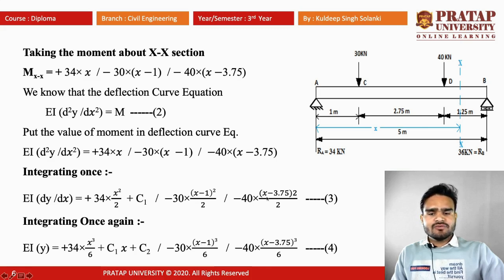Minus 40 times the integration of this term, which is (x − 3.75)³/6. The first integration equation is the slope equation, and the second integration equation is the deflection equation.